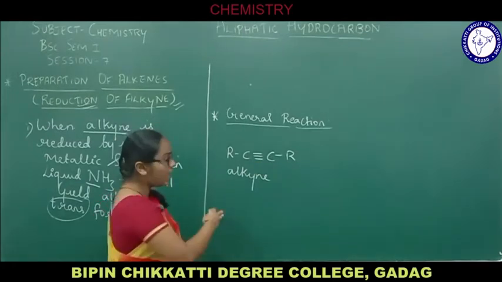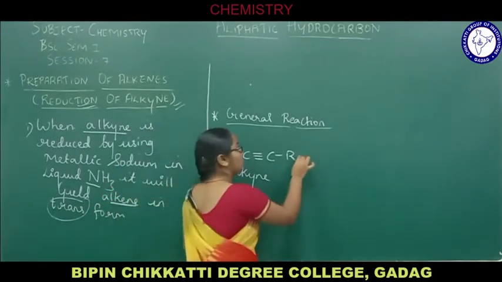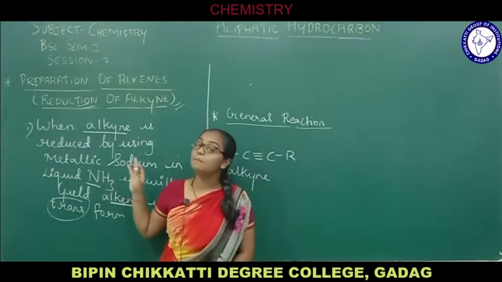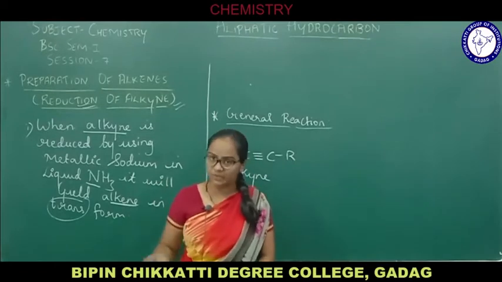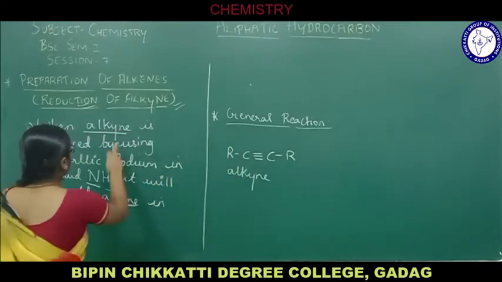Now this alkyne will undergo reduction. This is the partial reduction. Partial reduction means incomplete reduction will take place over here. One more word I would like to add over here.